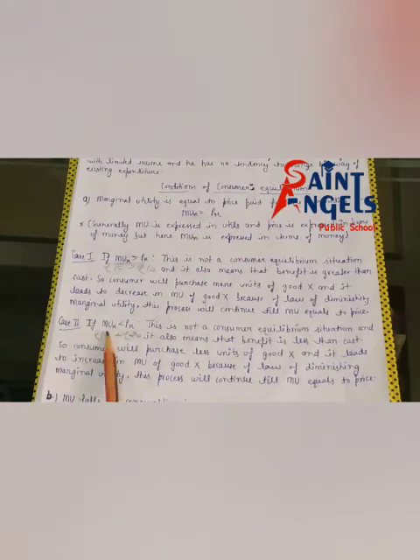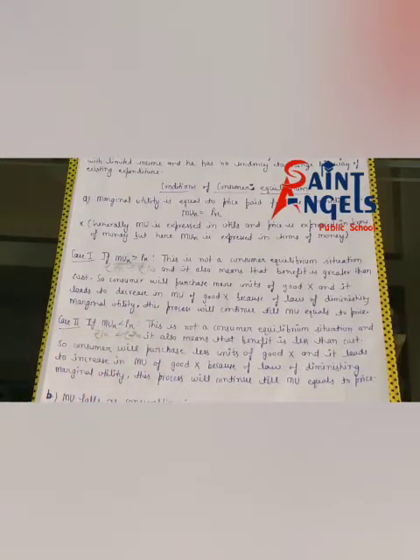It also means that benefit is less than cost. So the consumer will purchase less units of good X, and it leads to increase in MU.